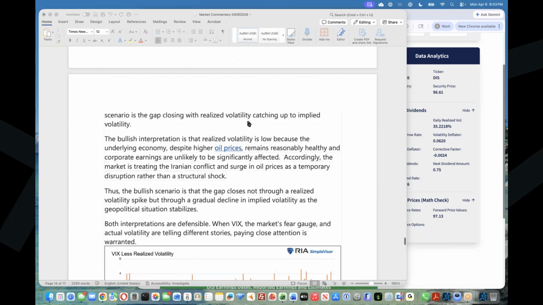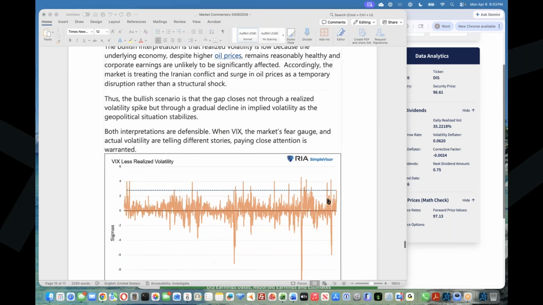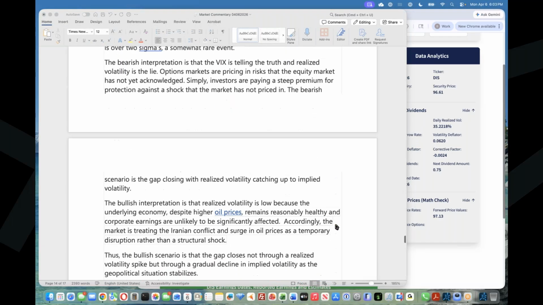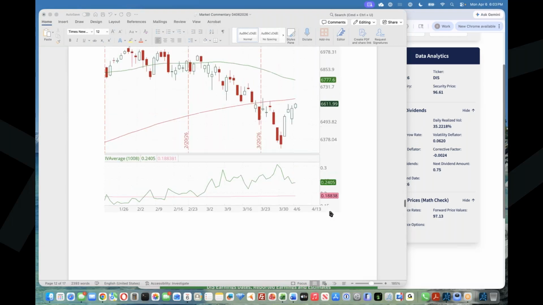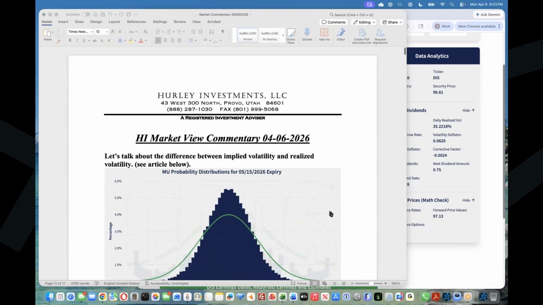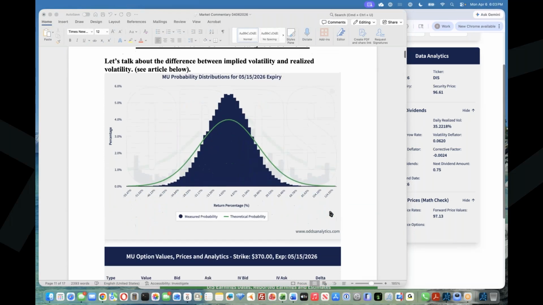And it showed that there's this big gap between what the market's expecting, and that's implied volatility, versus the actual stock price movement, and that's the realized volatility. And so they have this little graph that they keep track of the difference, and they said this got up to a 2 standard deviation difference, and it was pretty cool. And I sent that article to Kevin, I think it was last week, when I saw it, and I'm like, this is what I'm talking about.